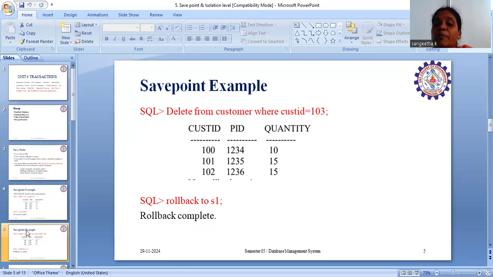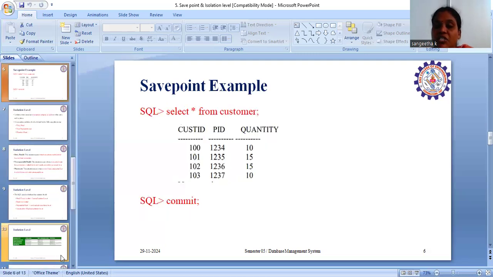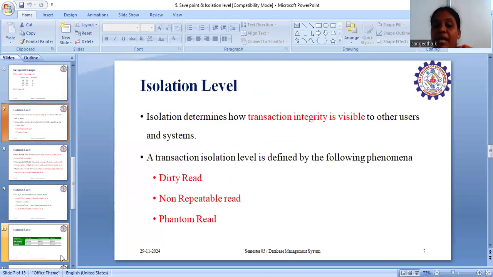If I give ROLLBACK TO S1, it will move to the previous stage, because before giving the commit, whatever transactions we made are temporarily stored. If I give rollback, the previous state will be restored. If I give commit, it will store the data permanently.